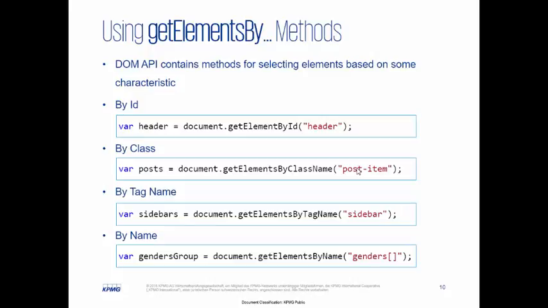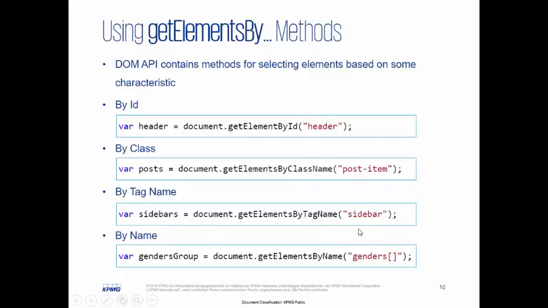Class could be either a CSS class or just a class that means nothing, just so you can classify objects on your page. It doesn't need to have corresponding CSS next to it, but it's useful if you want to style them, or if you want to classify them and collect them all at once. So this could return you all kinds of different elements on the page that use this class name.